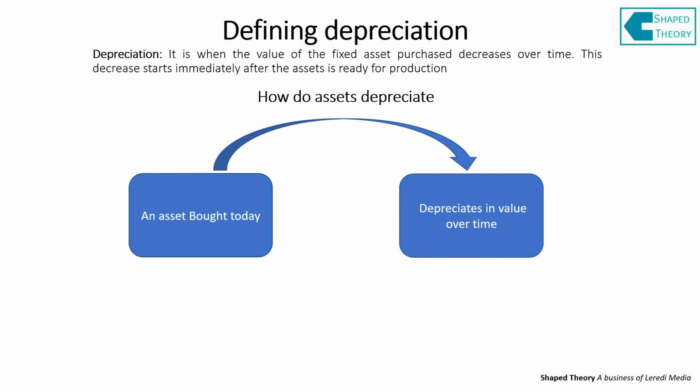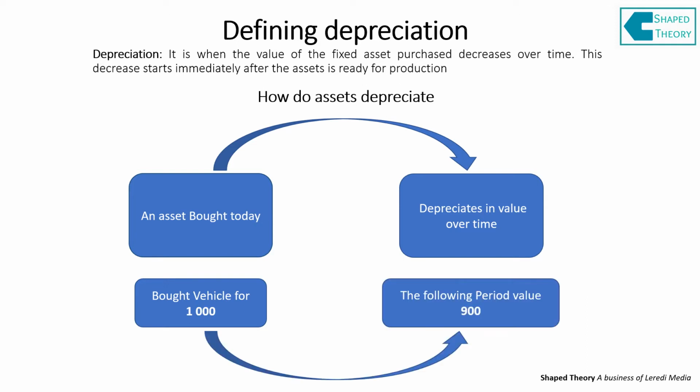To give you a practical example, you will see on my slide that you can buy an asset for 1,000 currently, and in the following period, the value of that particular asset will not be 1,000, but will be less than the 1,000 that you initially bought it for. In this slide, the value in the next period is 900. This shows you that the asset has depreciated to the value of 900 over time.